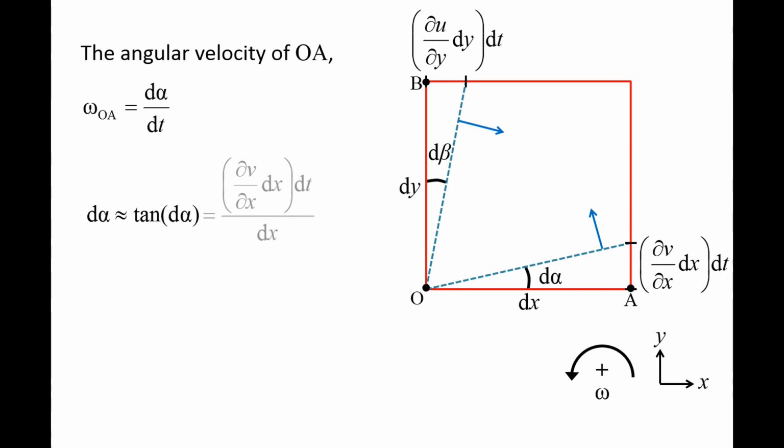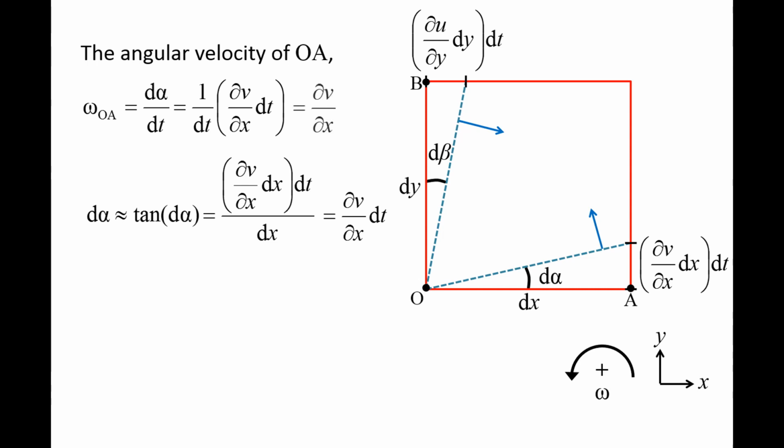The tangent of d alpha is equal to the length of the opposite side, partial v partial x dx dt, divided by the length of the adjacent side, dx. The dx's cancel out, and we are left with partial v partial x dt. Plugging this expression for d alpha into the equation for omega OA, and canceling the dt's, we obtain that the angular velocity of side OA is the velocity gradient partial v partial x.